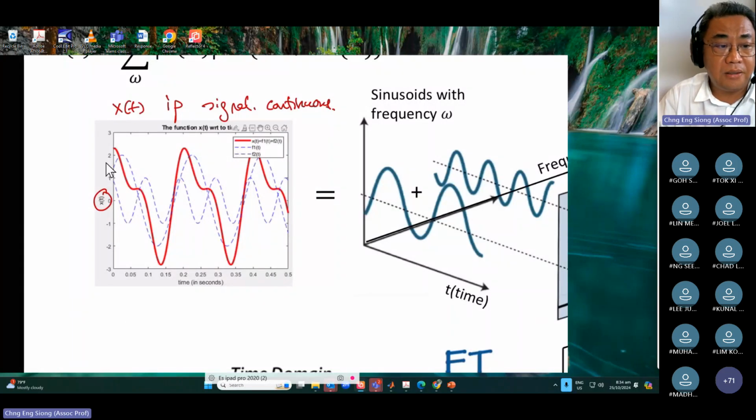And x of t is that red line running across time. I can tell you the equation of this red line because we created it ourselves. It is one of the blue lines plus the other blue line, called F1 and F2. So F1 and F2 were constructed by summing these two blue dashed lines.